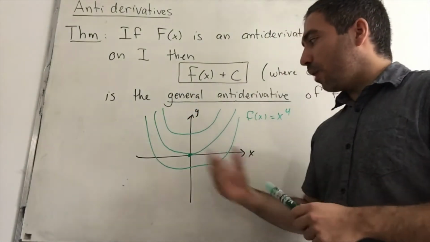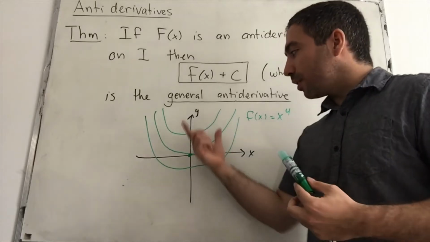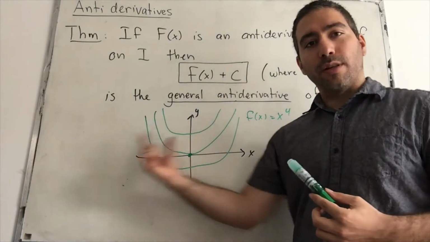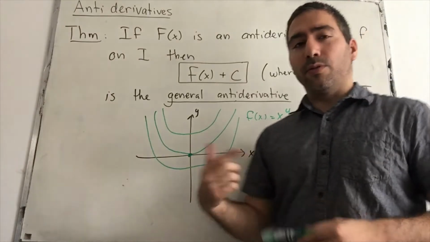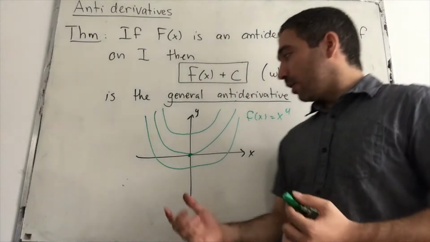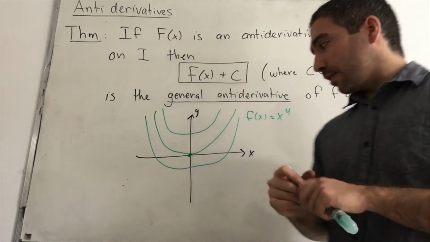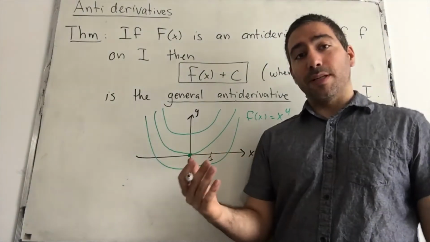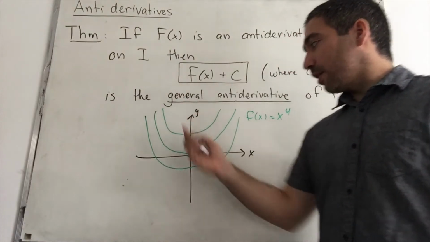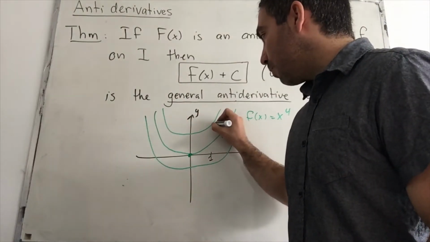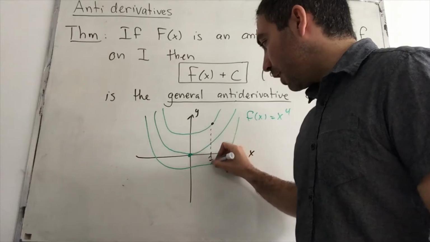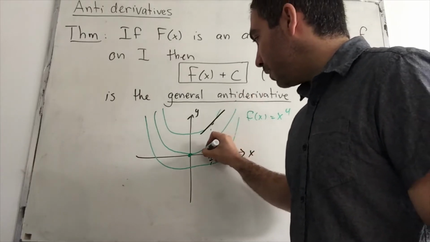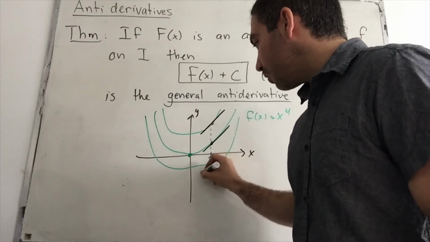Okay, and why does this make sense, that we're considering functions which are basically moving upwards and downwards, not to the left and to the right? Well, think about the derivative. The derivative corresponds to the slope of the tangent line. So if we consider any point, any x value, let's call it here, and we look at the slope of the tangent line, just because the function's been raised, we would expect that no matter where we go at this value here, the slope of the tangent line would always be parallel, no matter which function we're dealing with.